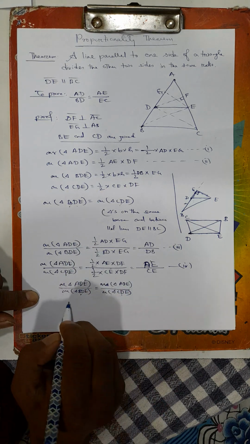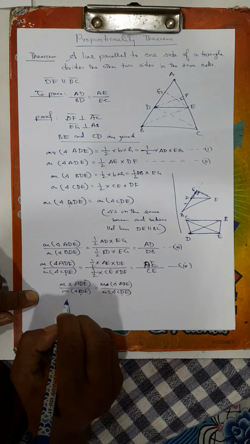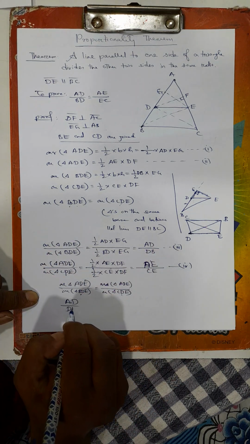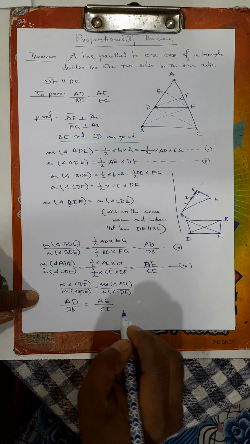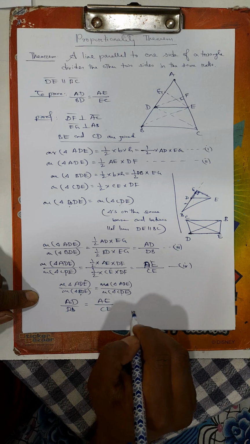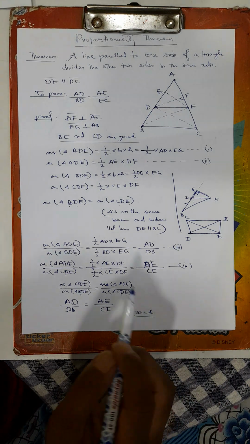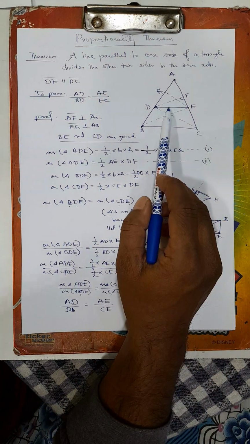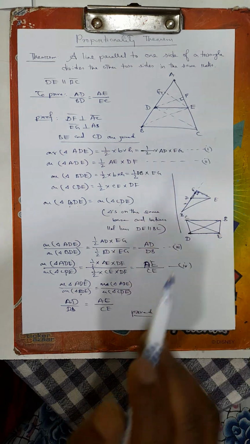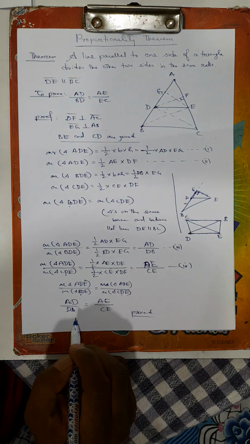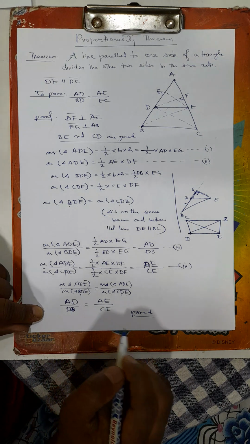Therefore, since left hand side equals right hand side, AD by DB equals AE by CE. This was to be proved. So we find that this parallel line DE parallel to BC divides AB and AC in the same ratio. AD by DB equals AE by CE.